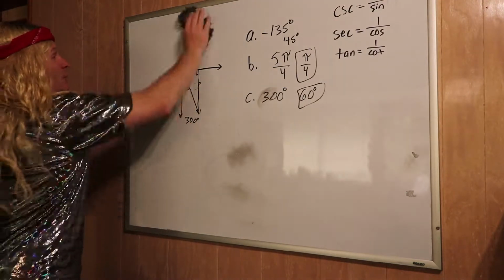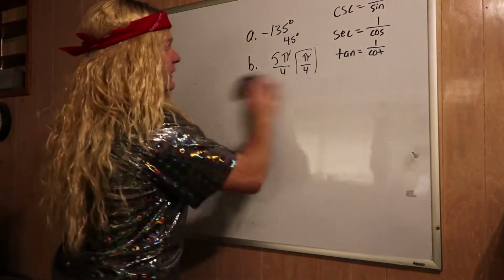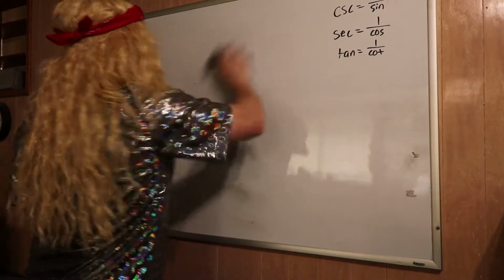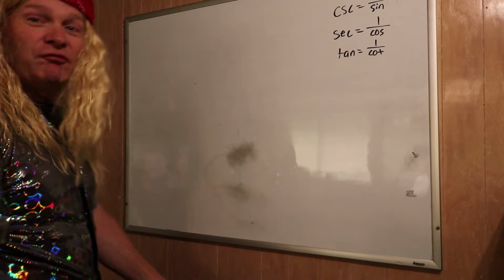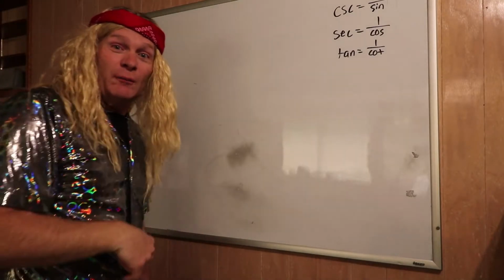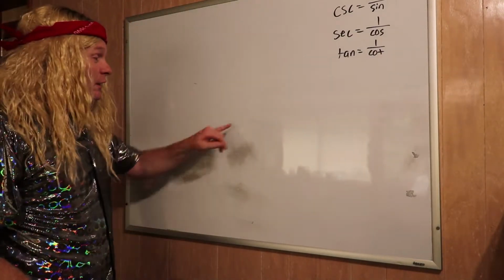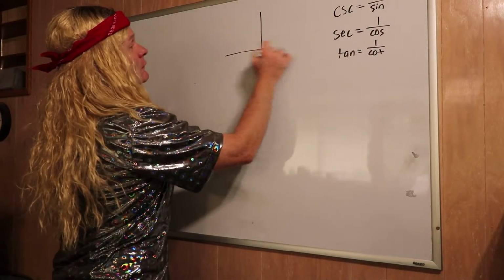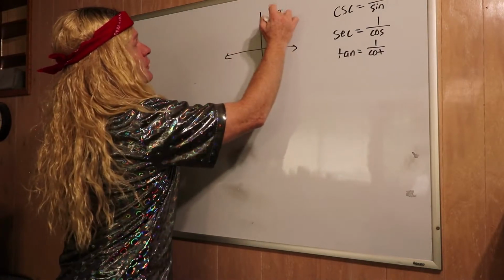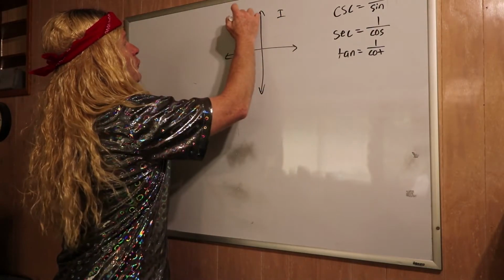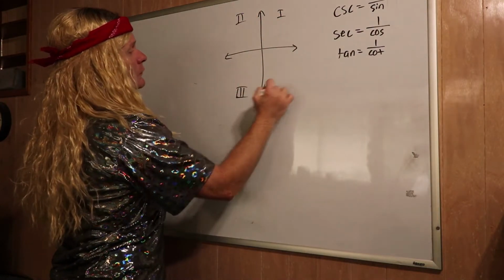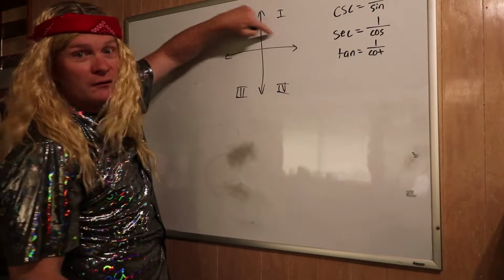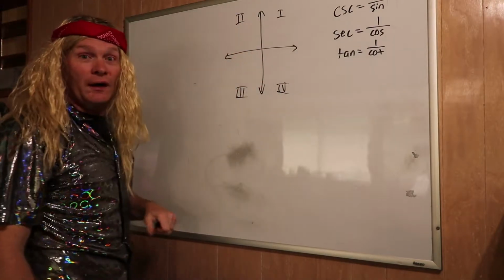Next thing we're going to be able to do, once we know the reference angle for an angle, we want to be able to find all 6 of the trigonometric functions, okay? So, in order to do that, we need to know in which quadrant each one is positive. Remember there's 4 quadrants: 1, 2, 3, 4, okay?